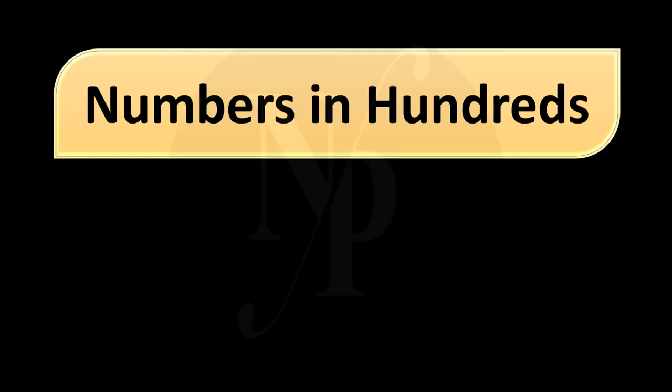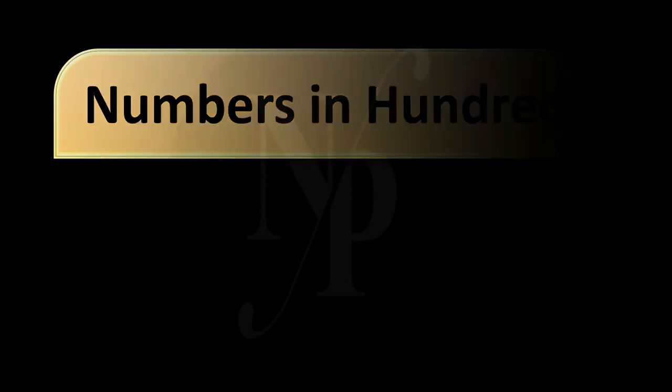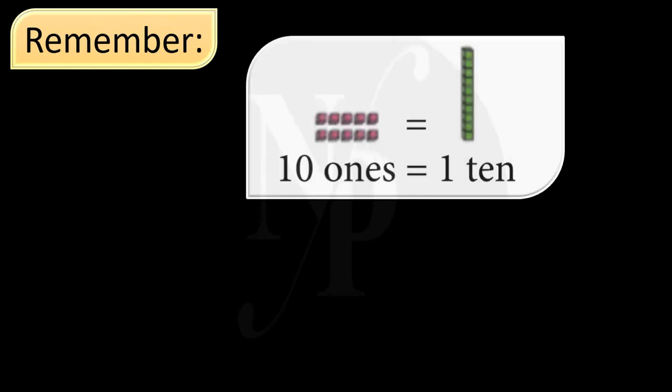Now let us understand numbers in hundreds. Remember, 10 ones is equal to 1 ten. Dear children, we have learned the representation of numbers using beads in earlier classes, in which we have understood that a single bead represents 1.